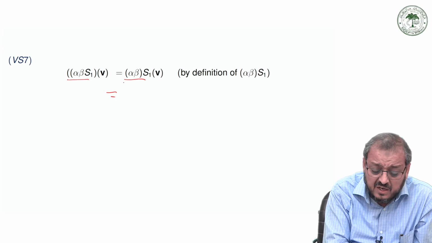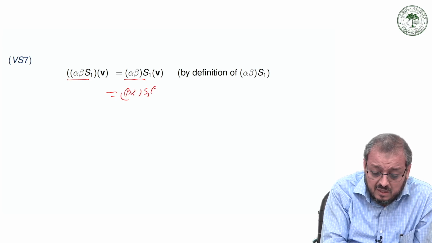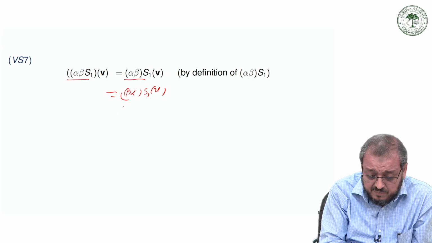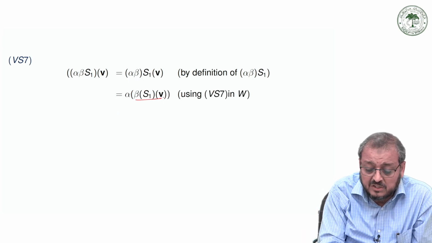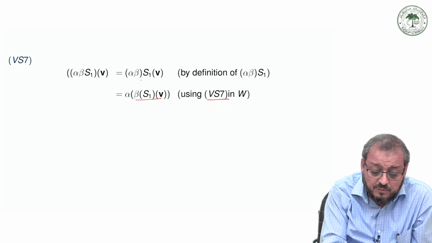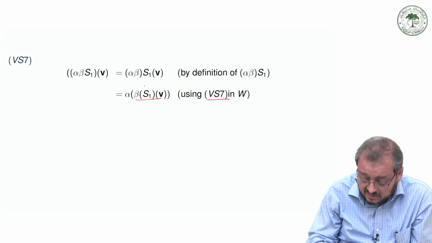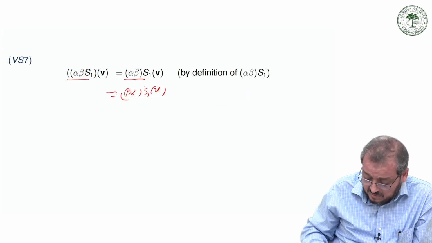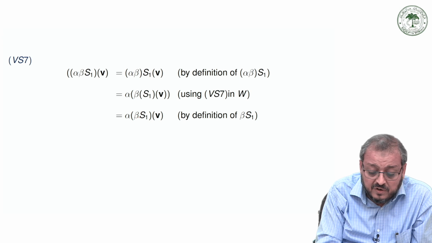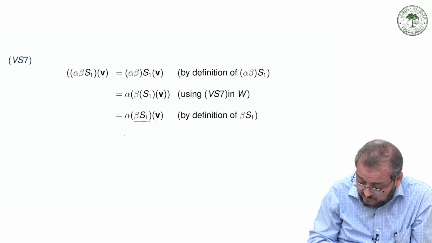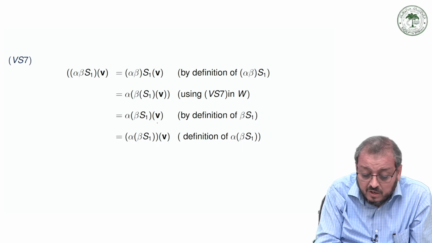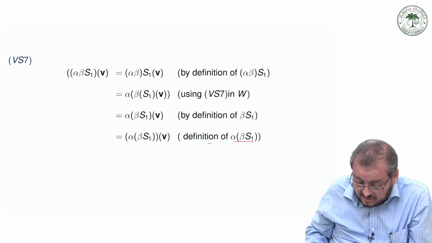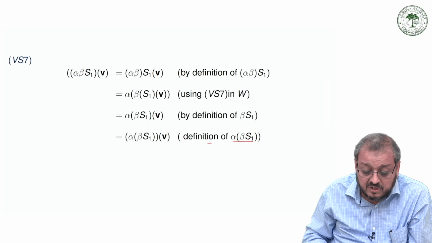Now, alpha and beta are associative, so this can be written as beta alpha S1 V, and also as alpha into beta times S V. This can be written in the form alpha times beta S1 V, and again alpha times beta S1 over V by the definition of the product rules, and this completes the field.